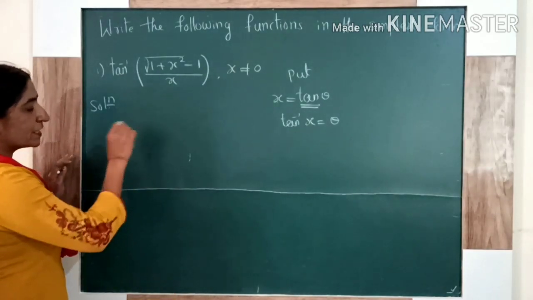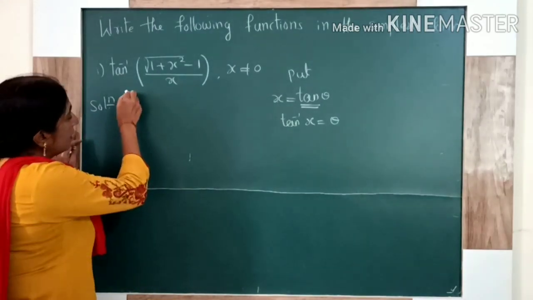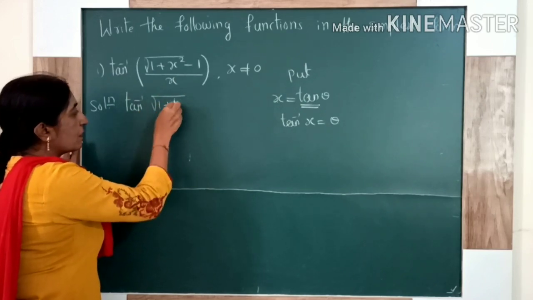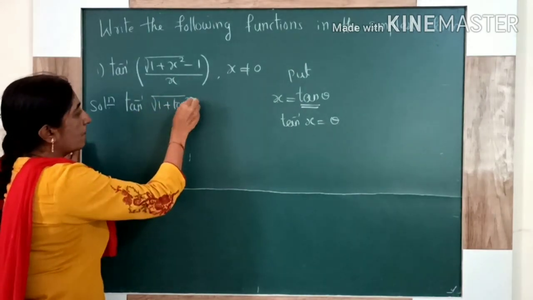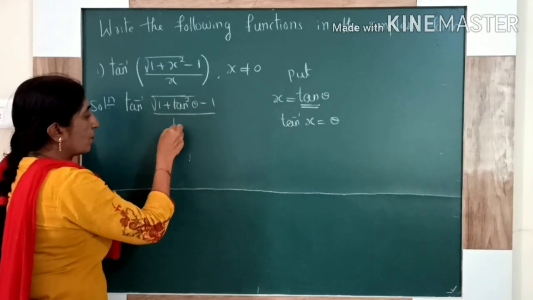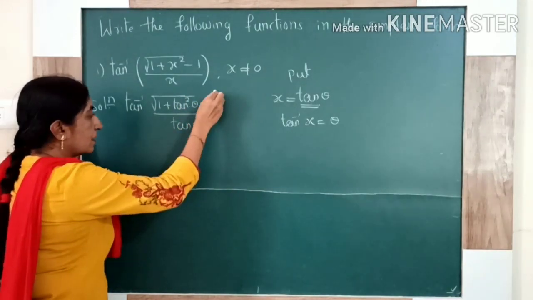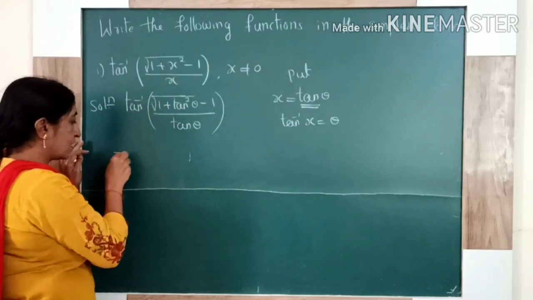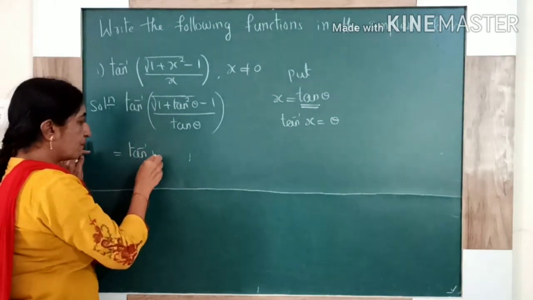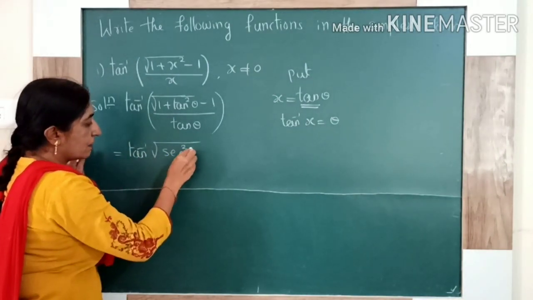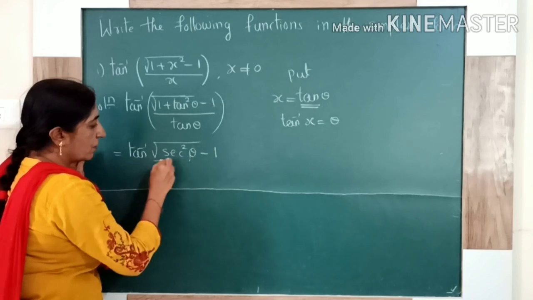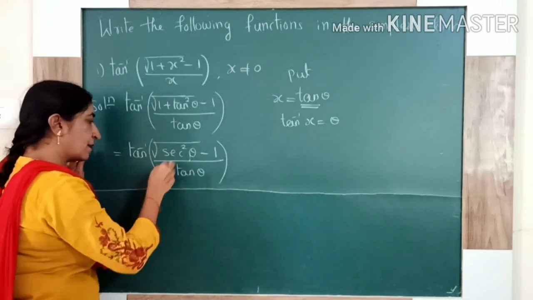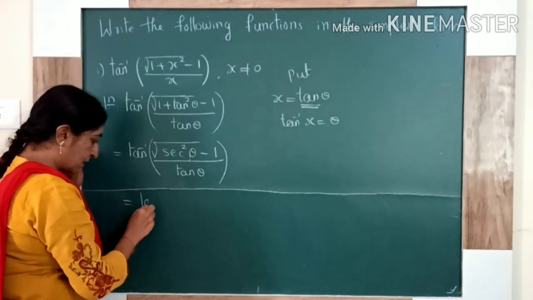Now I am giving you all the steps one by one. See it, listen carefully. Tan inverse of (root of 1 plus tan square theta minus 1) upon tan theta. What is 1 plus tan square theta? It is secant square theta. So tan inverse of (root of secant square theta minus 1) upon tan theta, and square root and square cancel.